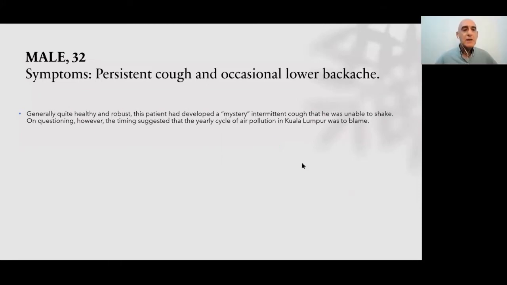And on questioning, the timing of his cough suggested that it was actually nothing mysterious. It was to do with what we call the haze in Kuala Lumpur, which is a yearly cycle of air pollution.